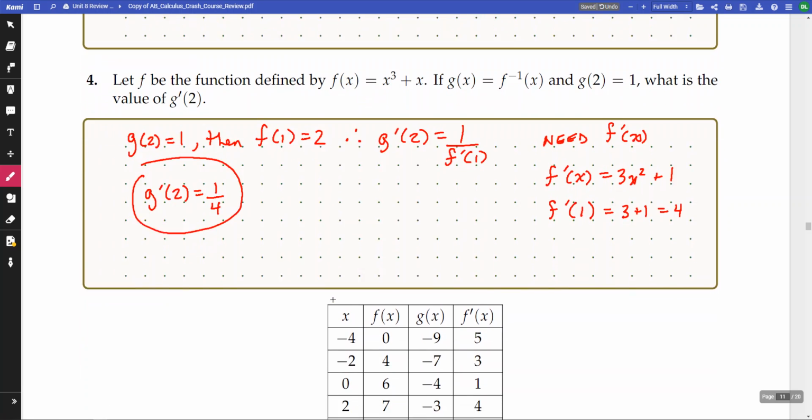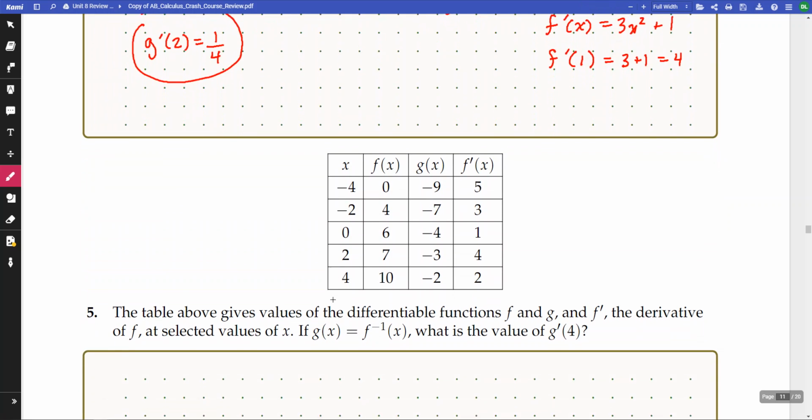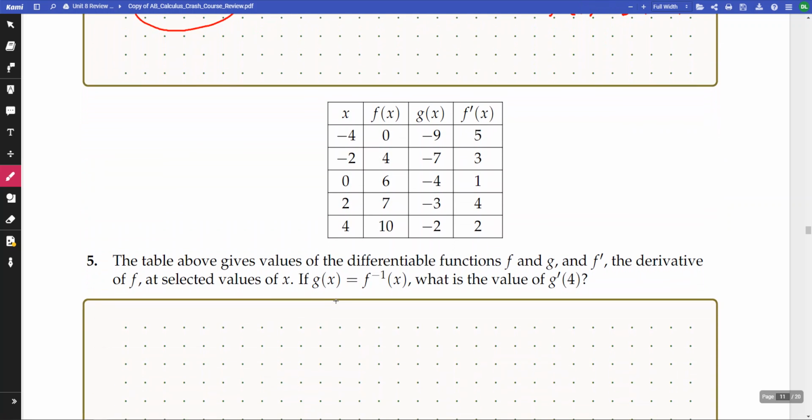One last problem. Now let's do it from a table. Okay. The table above gives values of differentiable functions f and g and f prime, the derivative of f, at selected values. g is the inverse of f. What is the value of g prime of 4? So here we have to do a little checking.